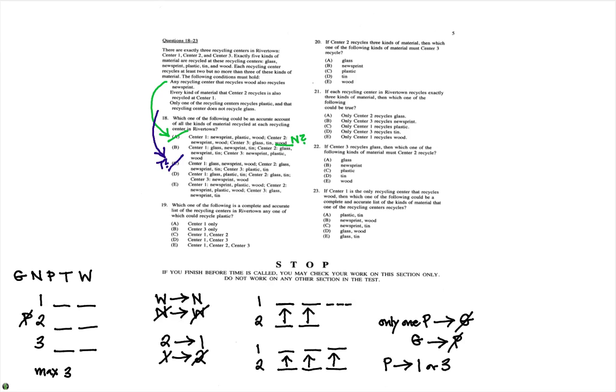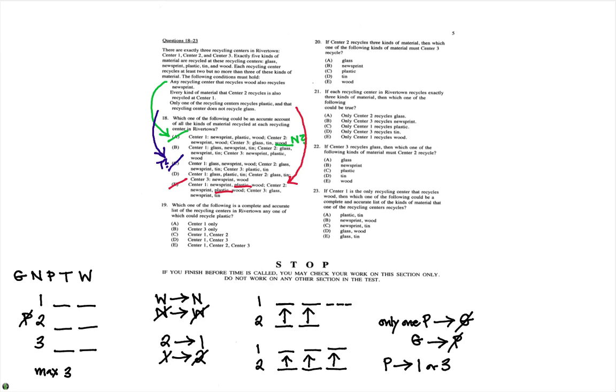So let's move on to the third rule. Only one center recycles plastic. Well, you notice that in E, we have plastic showing up twice. So E would be eliminated, violating the third rule.